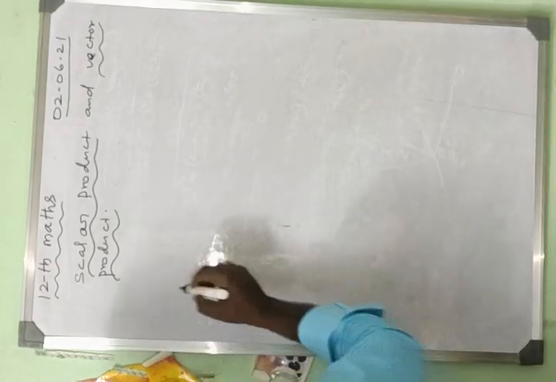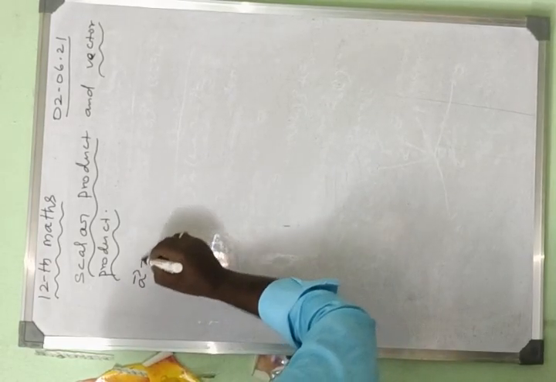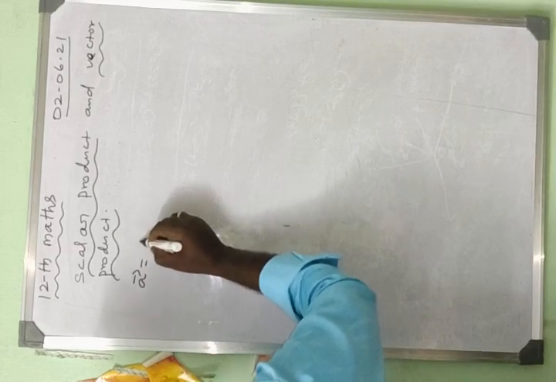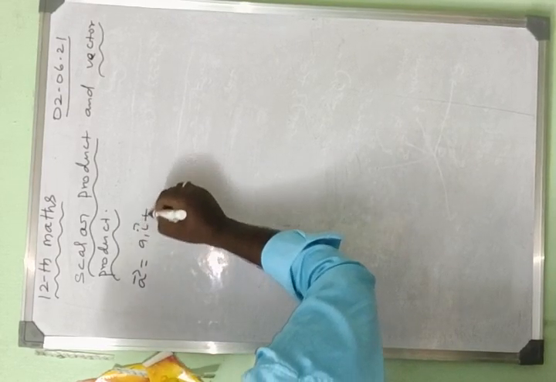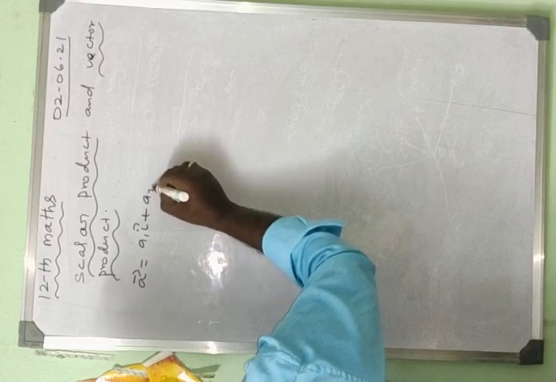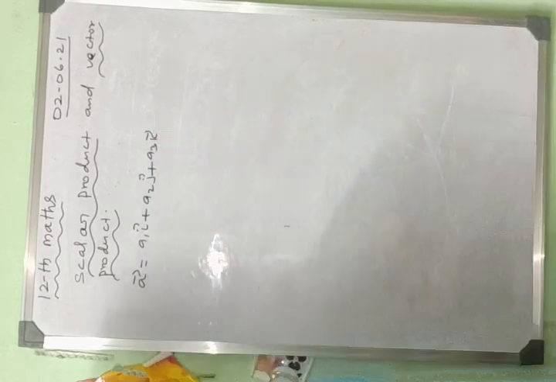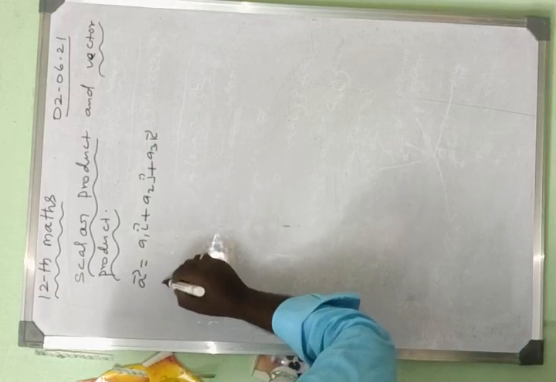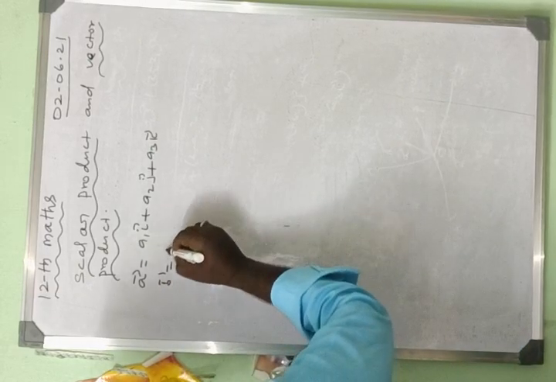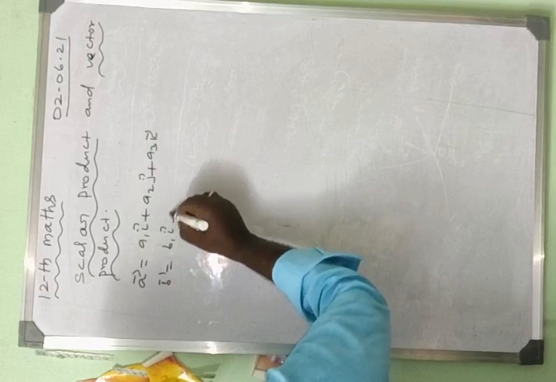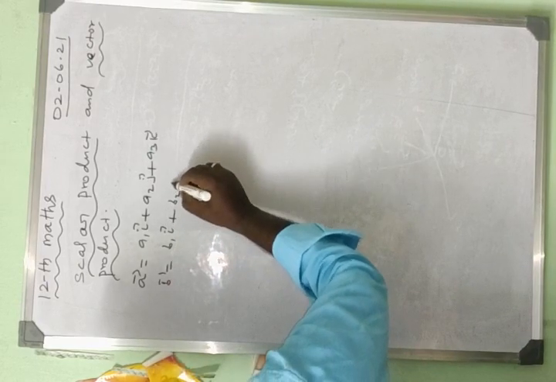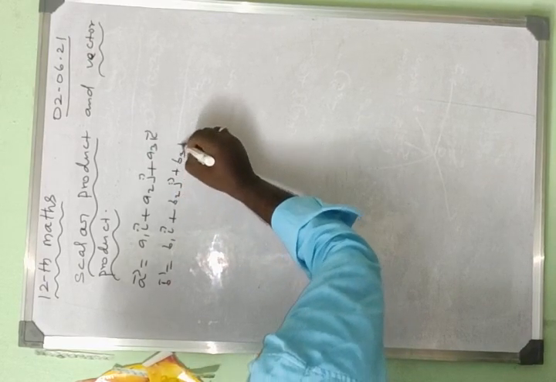Given two vectors, first take vector A equal to A1 vector I plus A2 vector J plus A3 vector K, and vector B equal to B1 vector I plus B2 vector J plus B3 vector K, like this.